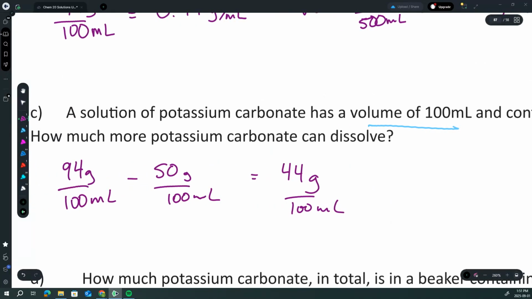Okay, so the whole goal of this was just to figure out the difference between your solubility value and how much you actually did dissolve in the water.